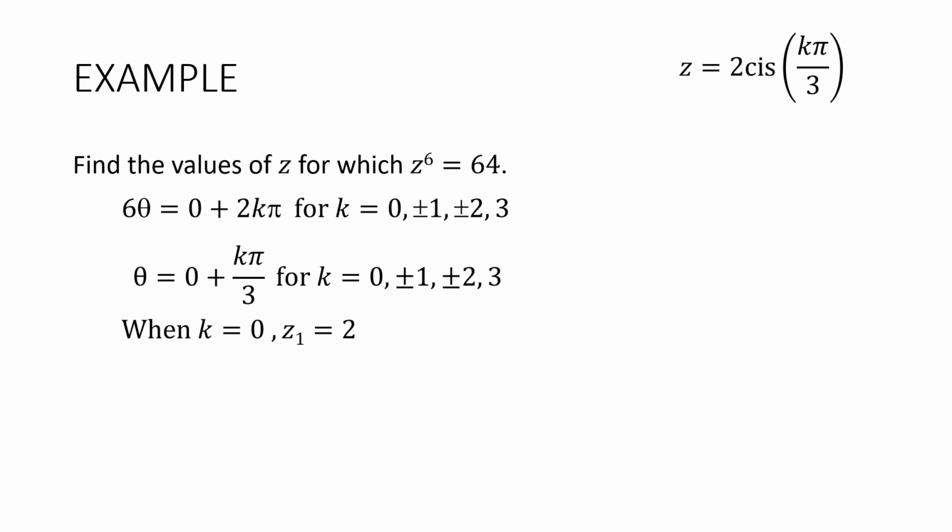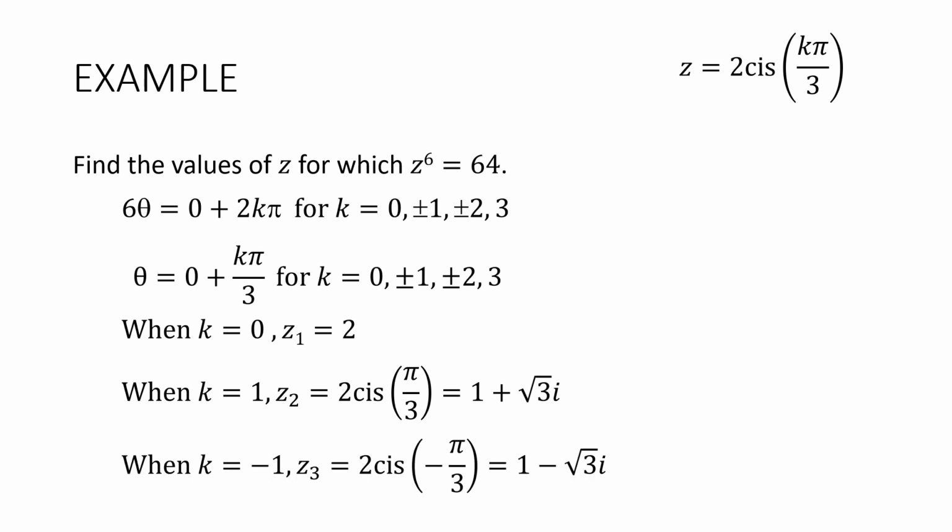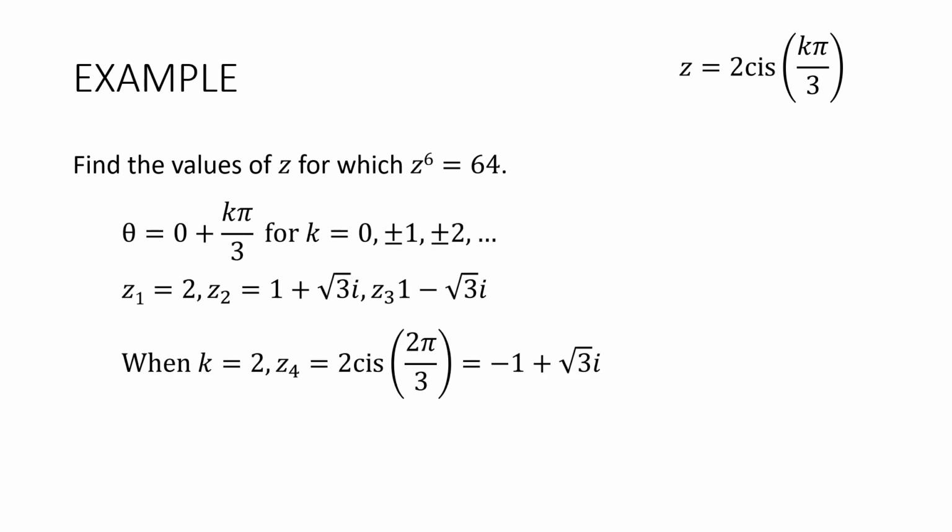So when k is equal to 0, the first root is 2. When k is equal to 1, z2 will be 1 plus root 3i. When k is equal to negative 1, our third root will be 1 minus root 3i. When k is equal to 2, our fourth root is negative 1 plus root 3i.